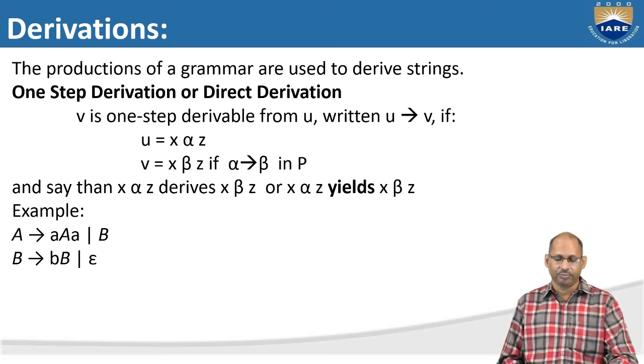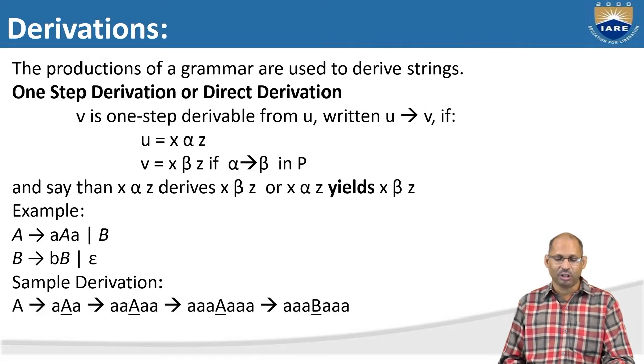Here, if it is a simple example we are considering, A gives AA | B and B gives BB | epsilon, right? So here is a simple sample derivation. S is the starting variable.